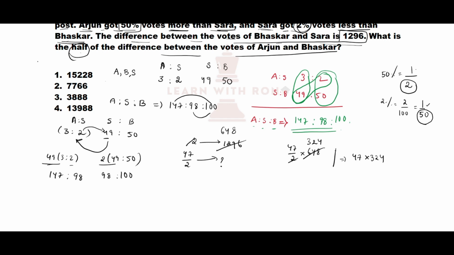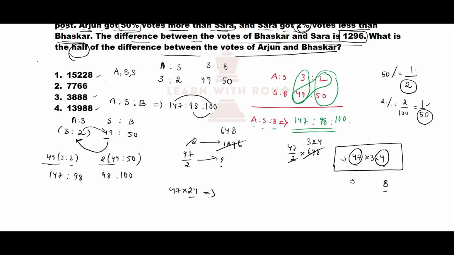Now let us learn the unit digit concept here. See, I get an answer like 4 sevens how much? 28. So I'll get an answer with unit digit 8, but I got 3 options with unit digit 8. Now let me find the last 2 digits of my number. For the last 2 digits, I need to multiply the last 2 digits of every number, means the multiplication of 47 into 24.